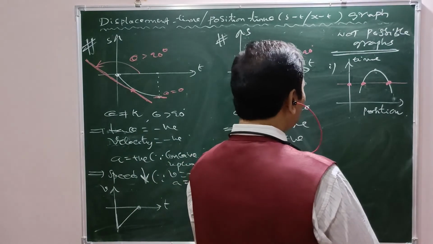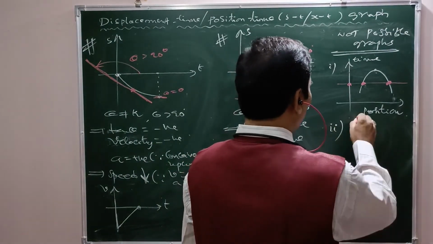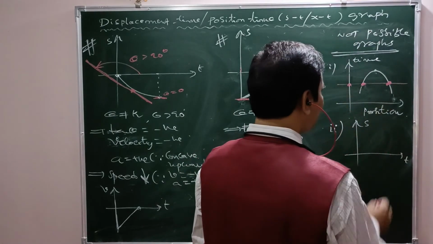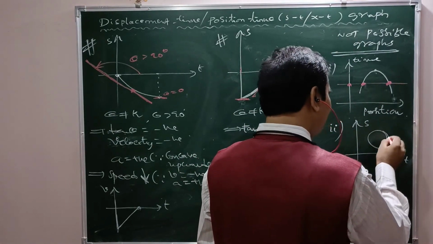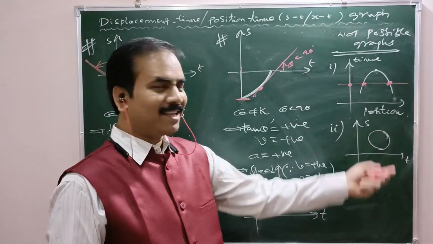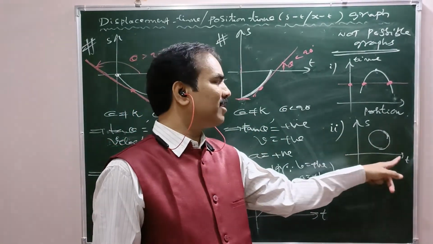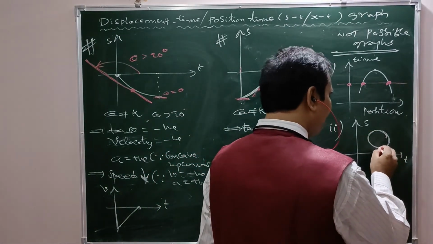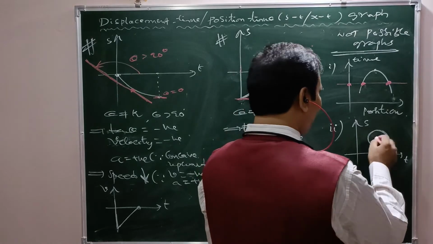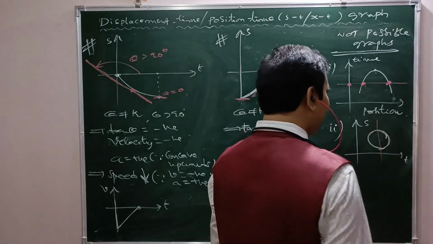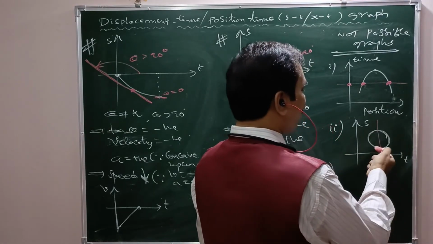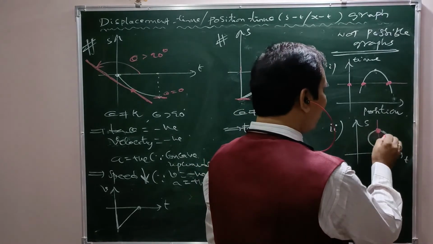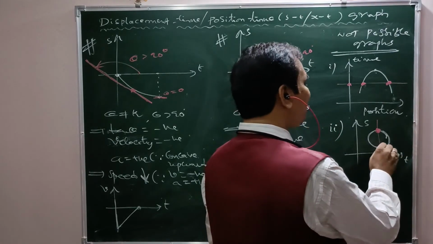Now coming to the second example. Suppose displacement is taken along the y-axis and time along the x-axis. If I draw a graph like that, with a circle here, and cut the graph at any instant somewhere here, at this instant also the particle appears to exist at two places at a given instant, which is not possible.